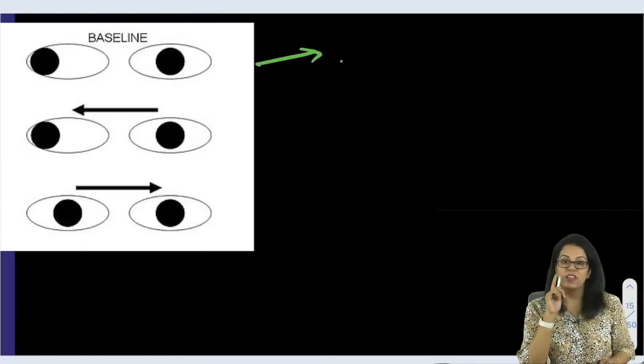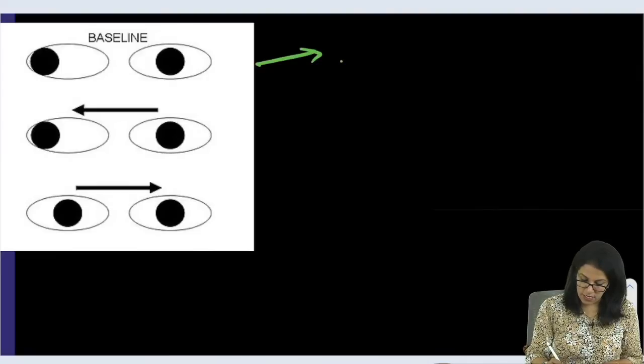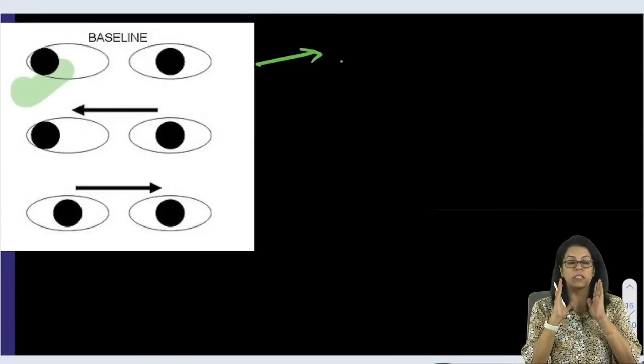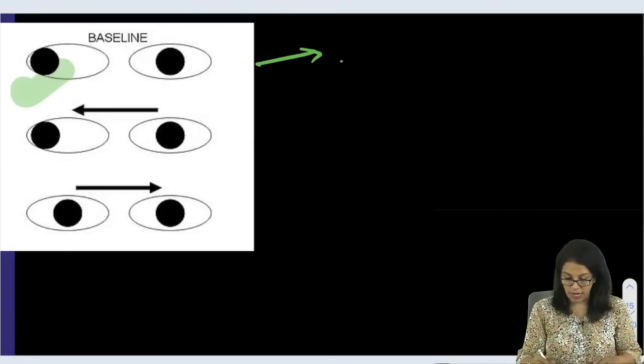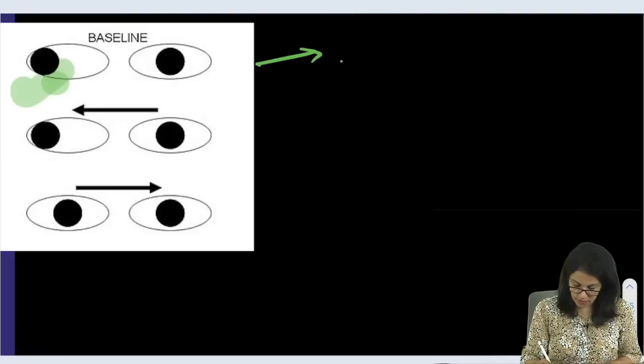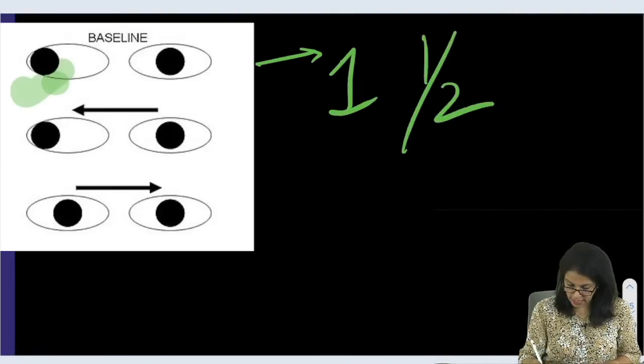So it is not INO. Always very quickly look at the primary position. In primary position, what do you see? Both eyes are not at the center. Just keep in mind, in INO both of these will be in the center. So actually the diagnosis here becomes 1.5 syndrome.